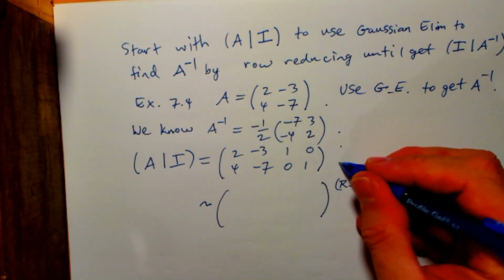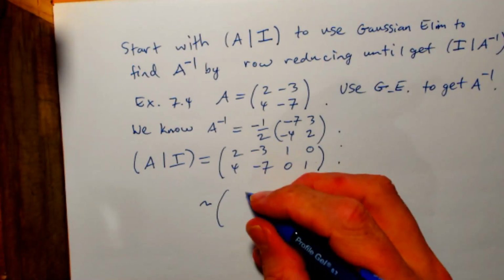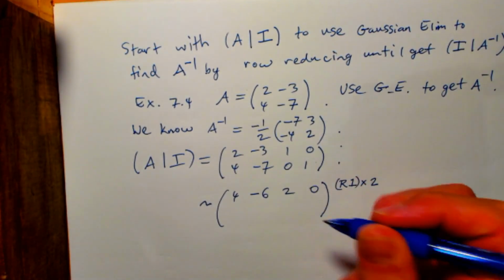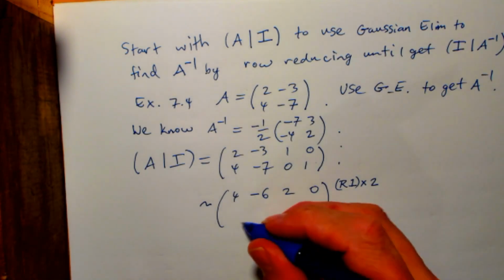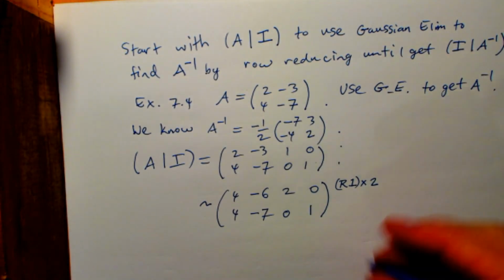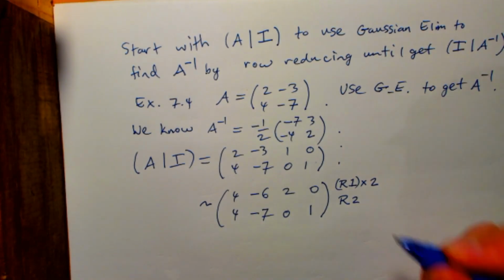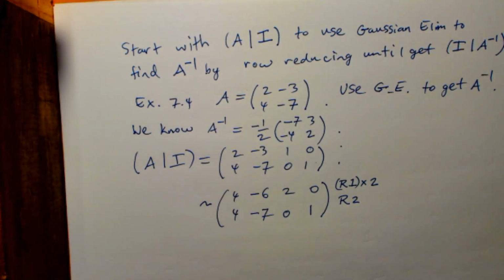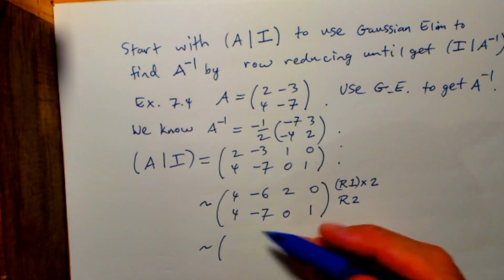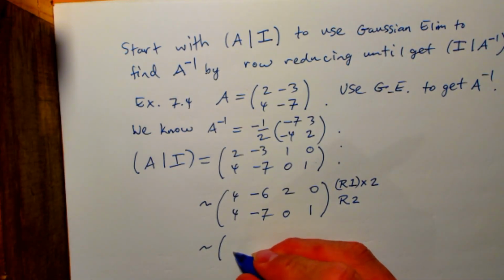So that's row 1 multiplied by 2. Where this is row 1, this is row 2. So multiplying that by 2, we've got 4, minus 6, 2, 0. And then under that, we have the same as we had before, and this is just R2. All right, next I want to take the difference. So in other words, I want to replace row 2 with the difference of the 2. So that would be 0.